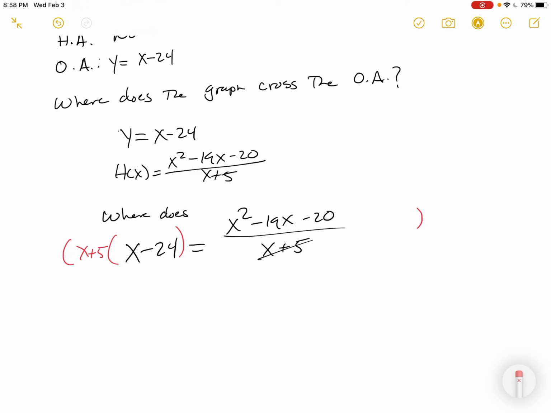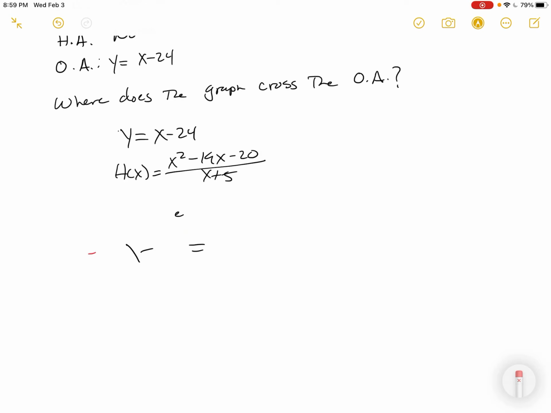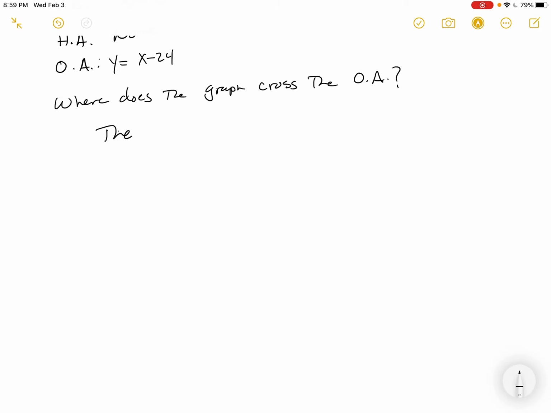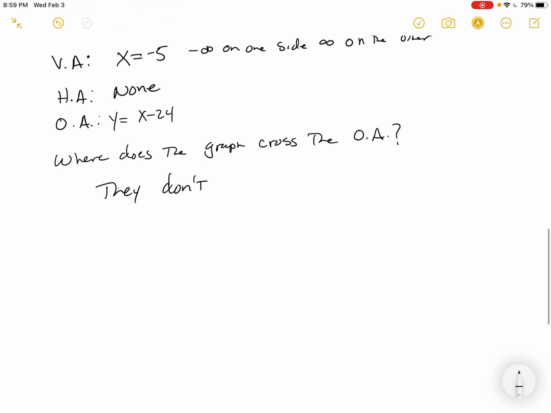Calculus makes it maybe easier to identify, maybe not in this case. But all that work is to say it doesn't cross. So where does it cross? They don't. But is that work good? Yeah, because it's very representative of the algebra that you're going to do. They don't. Okay, awesome. So, perfect.